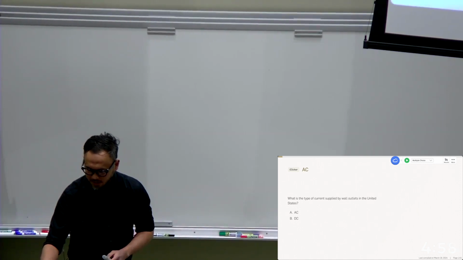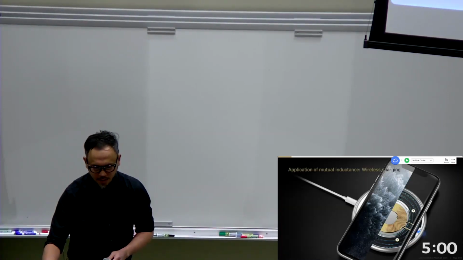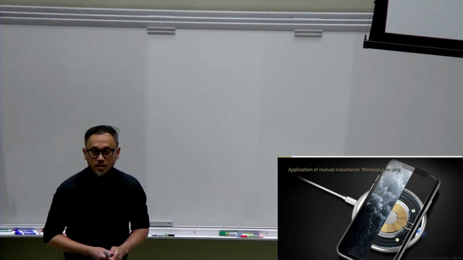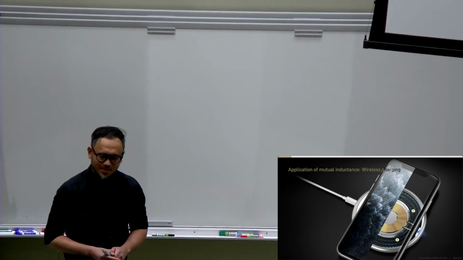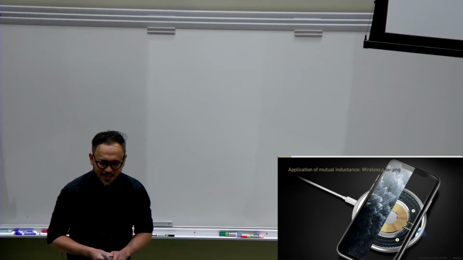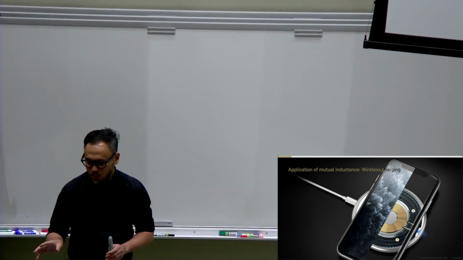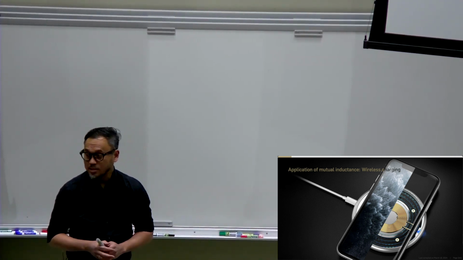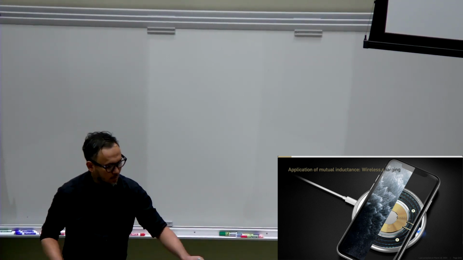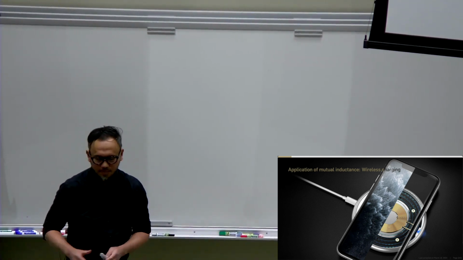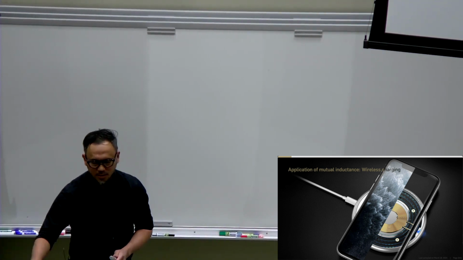So another thing that is useful about AC and mutual inductance, which is the title of today's lecture, is wireless charging. Basically, when I charge my cell phone in my car, I stick it to a wireless charger.